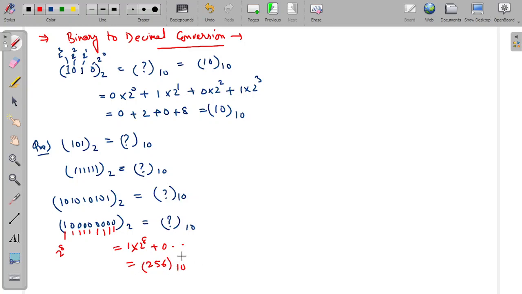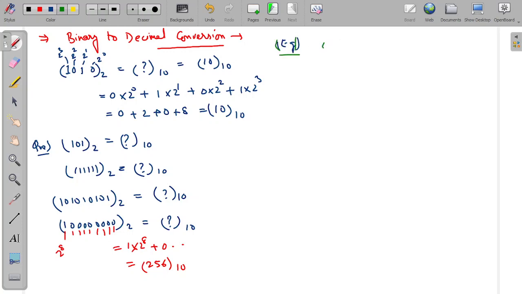Okay, so you can do this conversion like this from binary to decimal, right? What about the fractional part? Again we can have a fractional binary number.